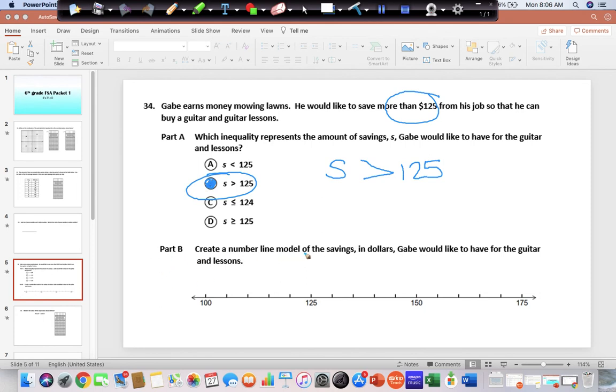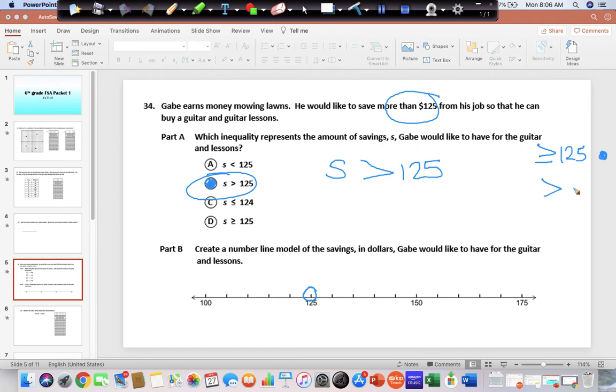Create a number line model of the savings in dollars Gabe would like to have for the guitar and lessons. So we are going to circle 125, and we are not going to color it in because we are not including 125. If we were including 125, it would be greater than or equal to, and then we would have a closed dot, so we could include 125.